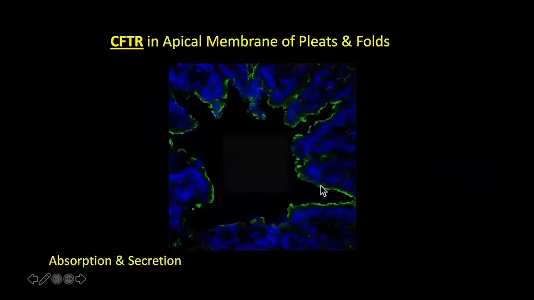And now, if we look for CFTR, we see that it's associated with the apical membrane. It stains also on the folds of the villi, but also in the pleats of the villi, so that it looks as though the folds and the pleats both contain CFTR to participate in both secretion and absorption.